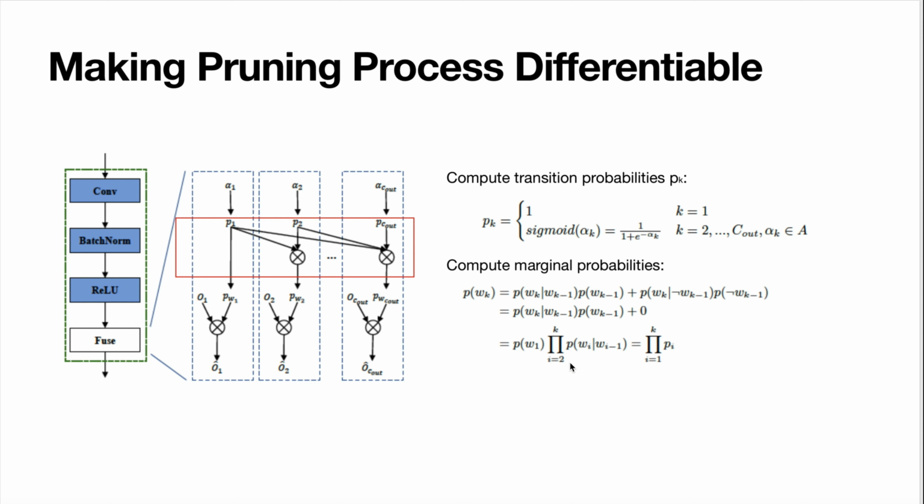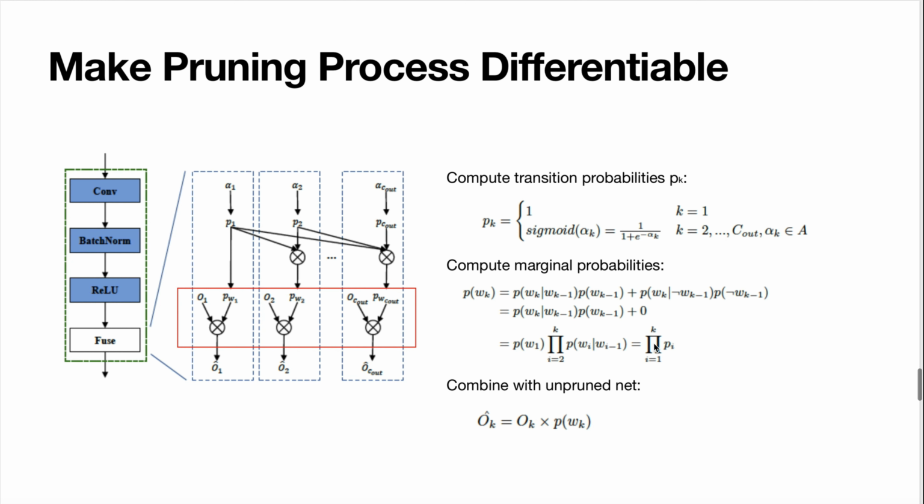Therefore, the marginal probabilities can be computed by the product of all previous pk's. Last, the final output of each channel is the product of the original output times its corresponding marginal probability.